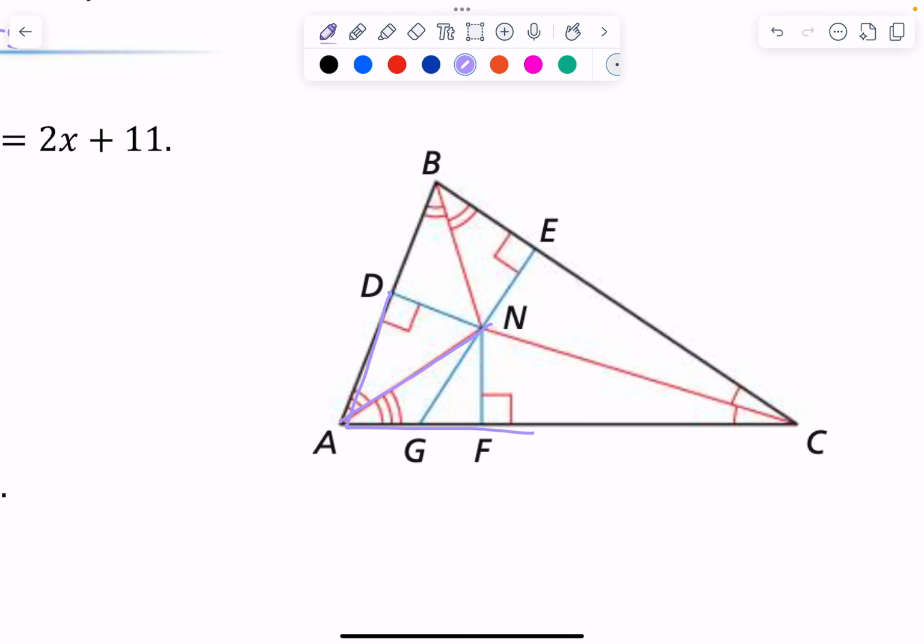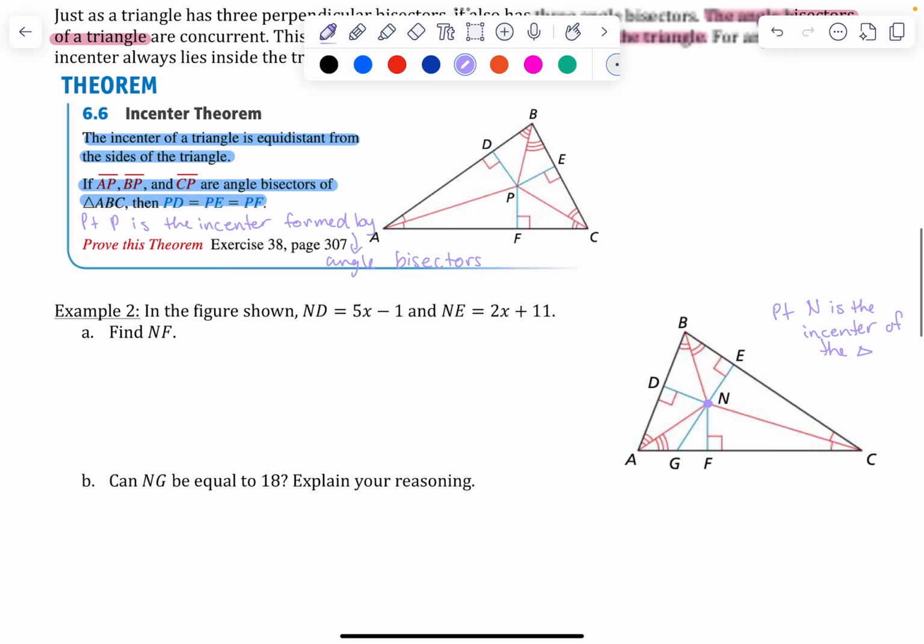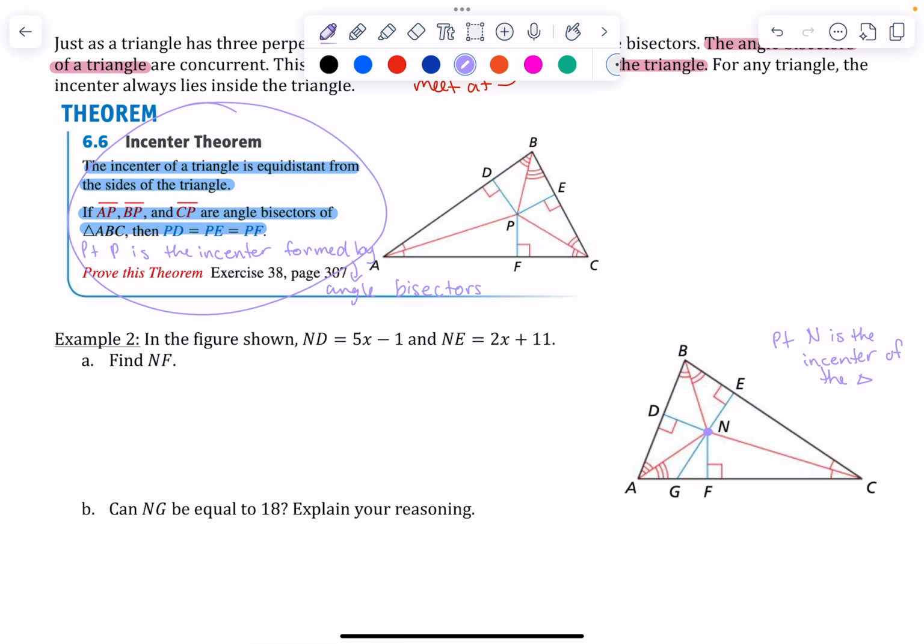So AN, ray AN, is the angle bisector of angle A. Something similar is happening over here. So we have another angle bisector, and the same thing is happening over here. We have a third angle bisector. What that means is point N here, so point N is the incenter of the triangle.